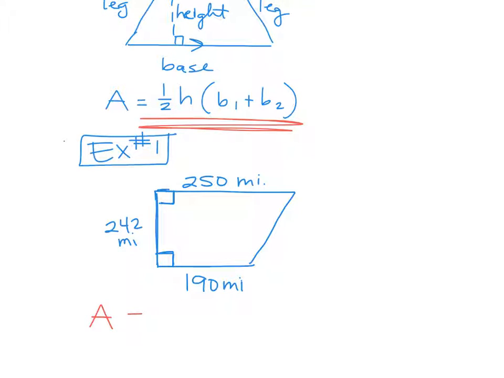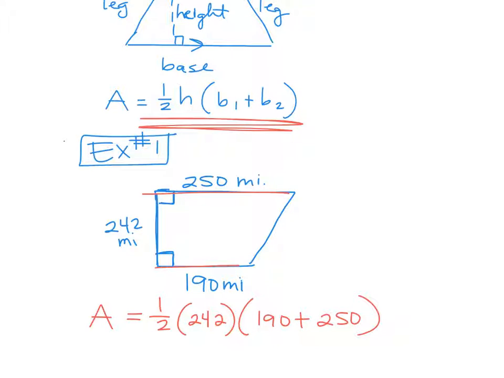Area equals 1/2, you said H was 242, then add 250 and 190, right. So these are your two bases, and it doesn't matter which one's B1 and which one's B2. That's totally interchangeable. So you're gonna go 190 plus 250.